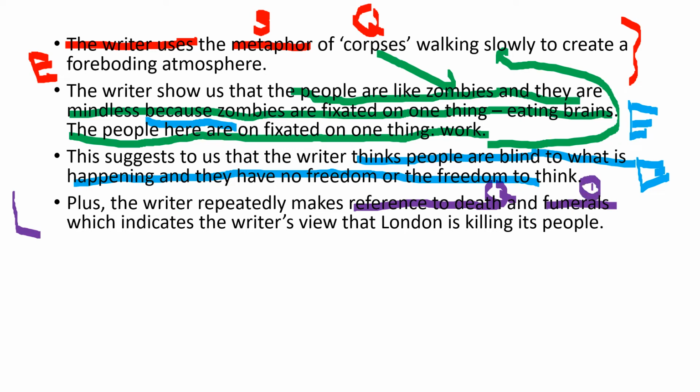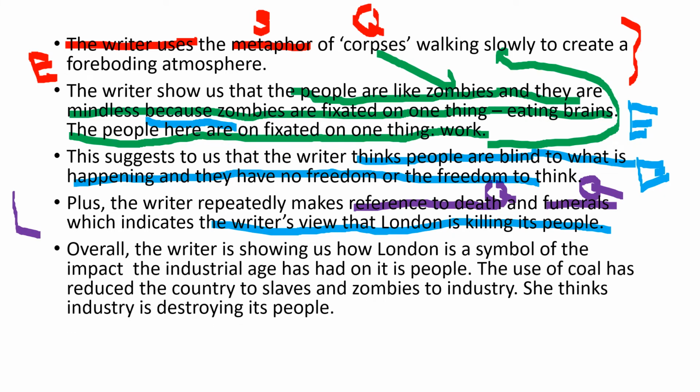And another quote there. And so that's supporting that idea there. That's what this one can do to get better. But also what I've got here is, again, a reference to the writer's opinions. So London is killing its people. So I've got the writer's opinions there. So you can see that I've got an explanation, the writer's opinions. I've made a link across the text.